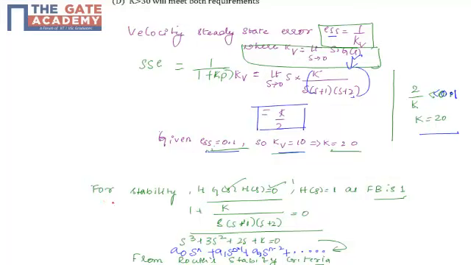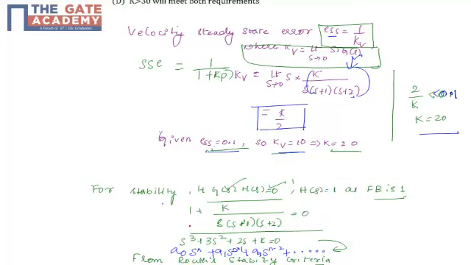In order to find the stability, we have the equation 1 plus G(s) into H(s) is equal to 0. We know that H(s) is 1 as the system is unity feedback, and the G(s) value is already given.